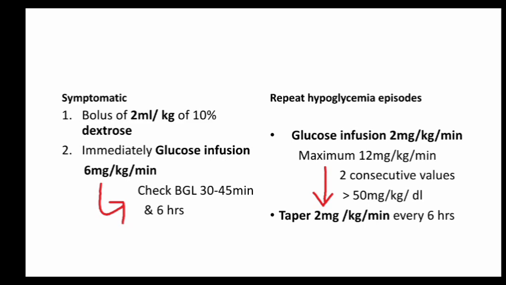If two consecutive values are more than 50 milligram per deciliter, we taper the glucose infusion by 2 milligram per kg per minute every 6 hours. And we have to educate and guide the mother to breastfeed or give oral feeds. Start the oral feeds. That's it.